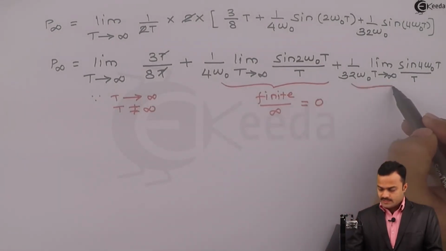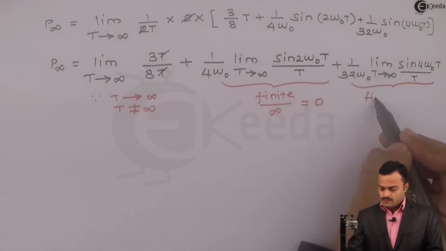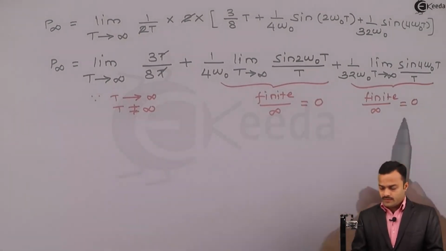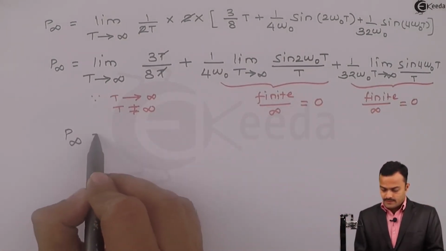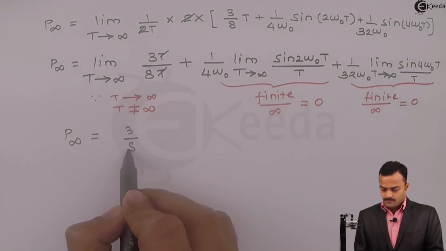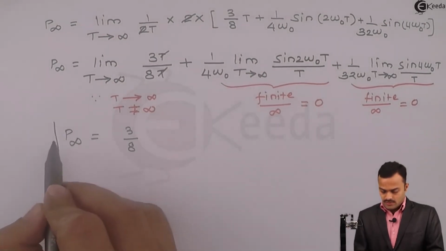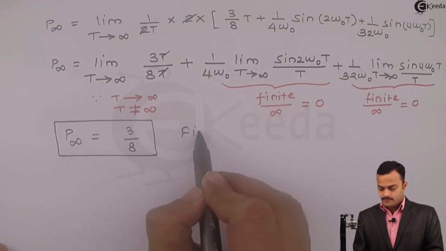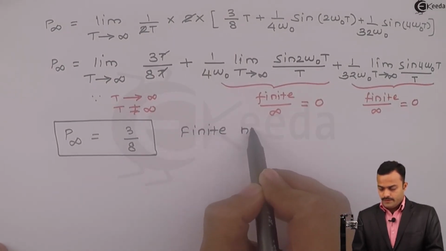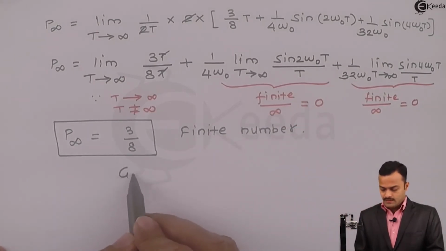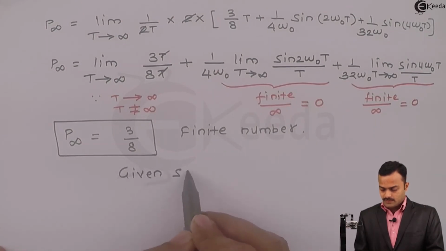Same will be the case for this limit. We are getting finite upon infinite, which is 0. So if I apply this, in the end I will get power equal to 3 upon 8, a constant number. Moreover, it is a finite number. So being a finite number which is equal to power, I can say the given signal is a power signal.